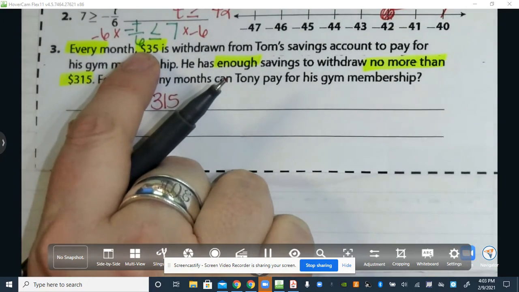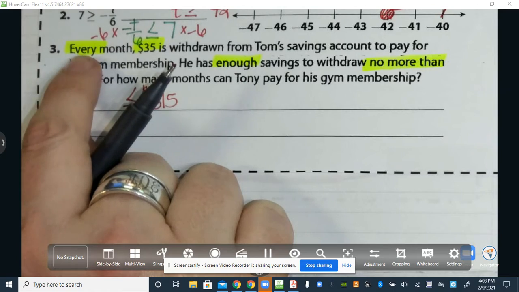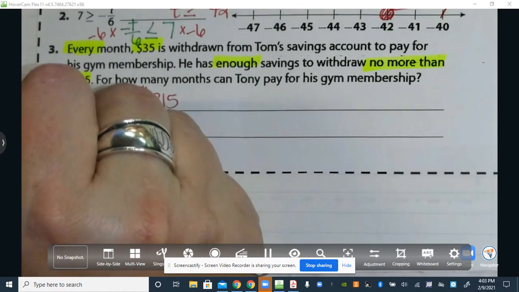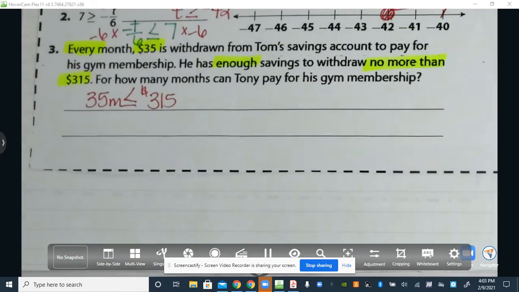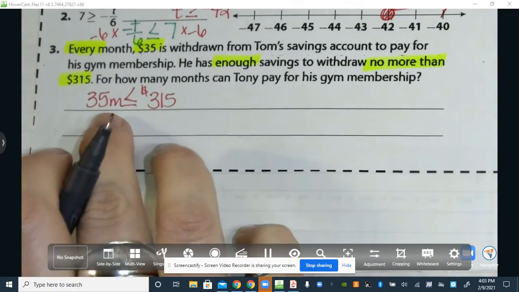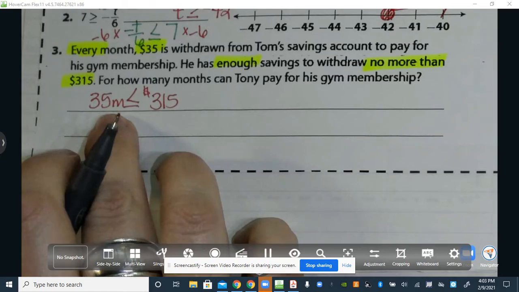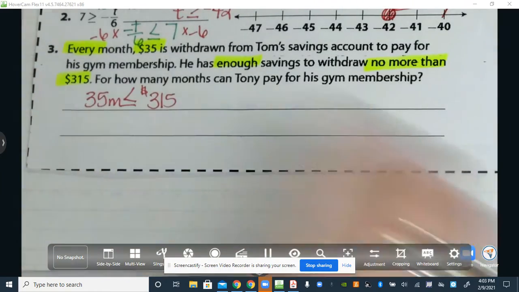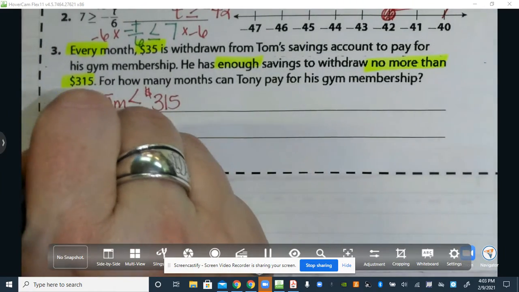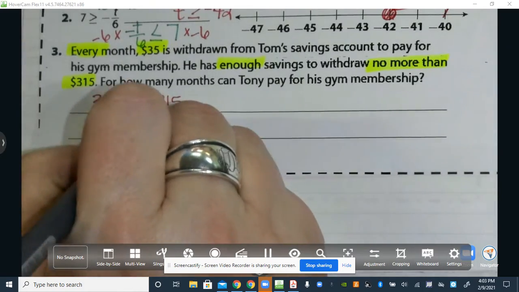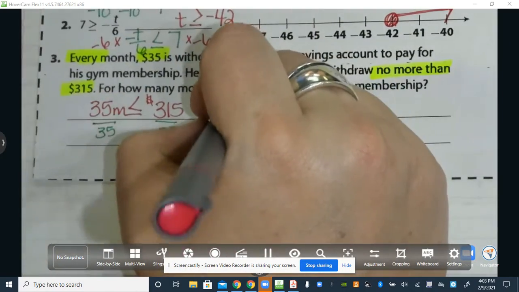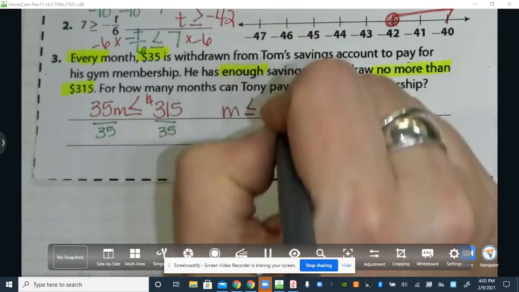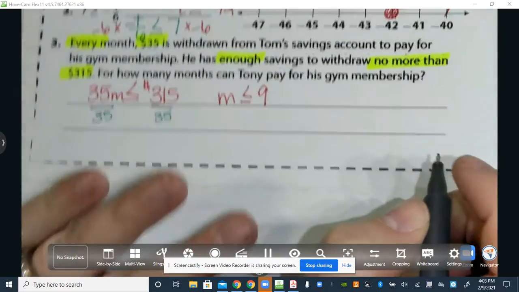Now, it's $35 every month. That every means that's multiplying. So here we have 35 times, I'm going to put M for months. So this is how our inequality would work. All right, to solve that, we would divide each side by 35. And my M needs to be less than or equal to 9.